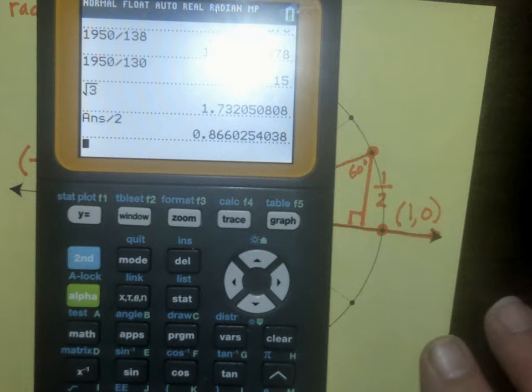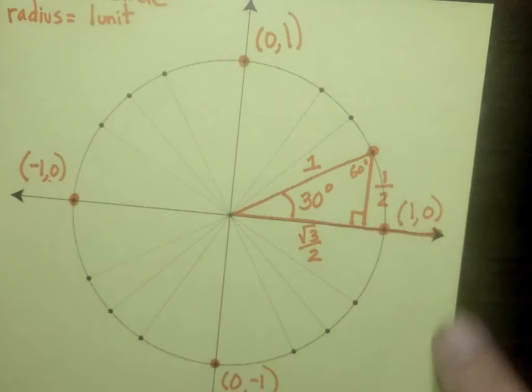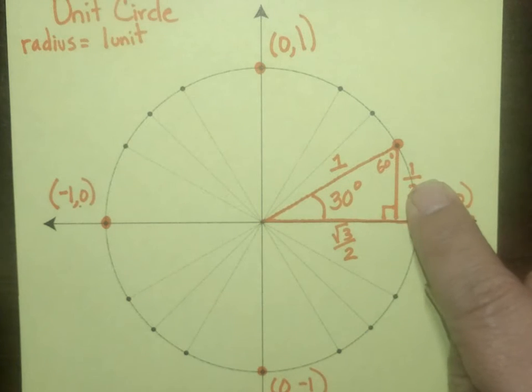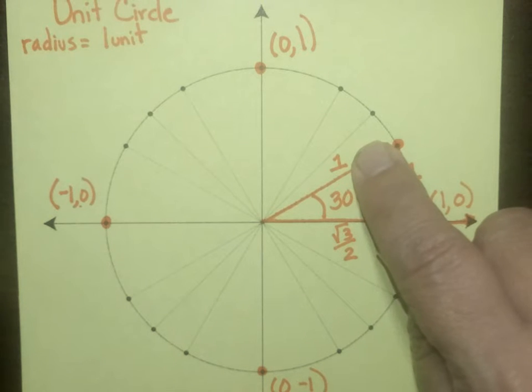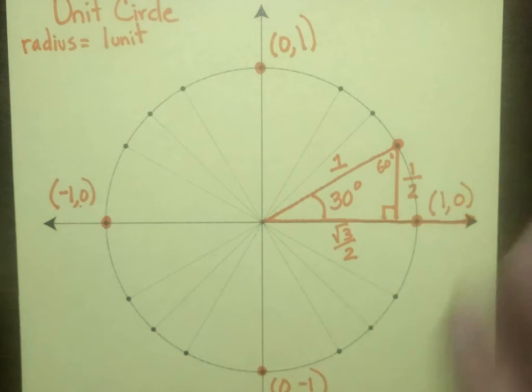See that it's about 0.87? So, does that make sense? 0.5 for a short leg, 0.87 for a longer leg, and then 1 whole for the hypotenuse, because the hypotenuse is the longest side. Does that all make sense?